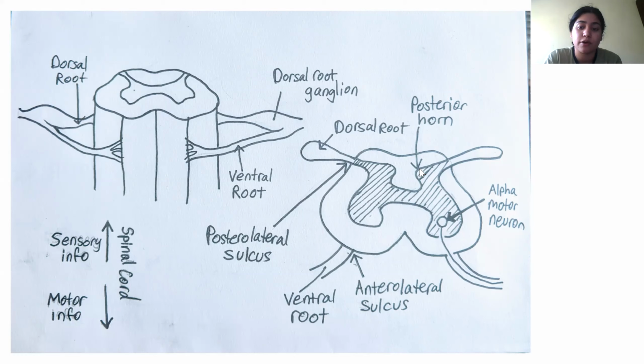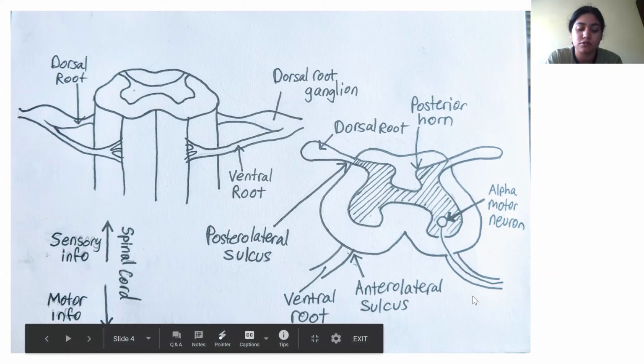Now the posterior horn holds interneurons, neurons that connect with both the spinal cord neurons and neurons that form pathways to the brain. So interneurons connect two different kinds of neurons together. And the anterior horn holds these things called alpha motor neurons, and these synapse onto skeletal muscles.